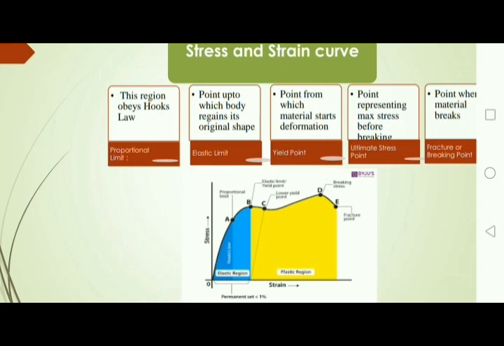The first is our proportional limit. What is proportional limit? Here the object obeys Hooke's law. So a new concept we have introduced here, that is Hooke's law, within the elastic limit. So again we have to find out what the elastic limit is. It is the maximum stress to which a body can be subjected without permanent deformation.